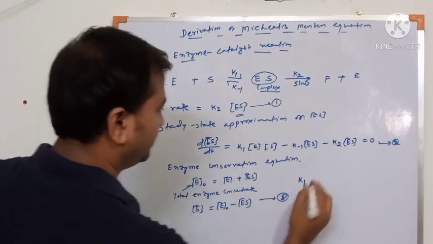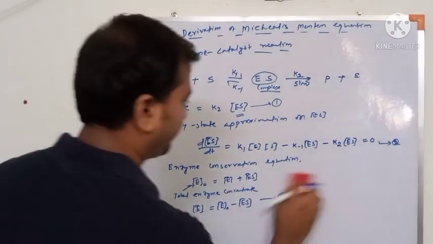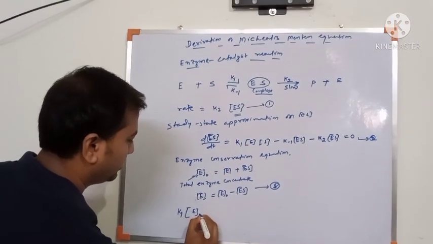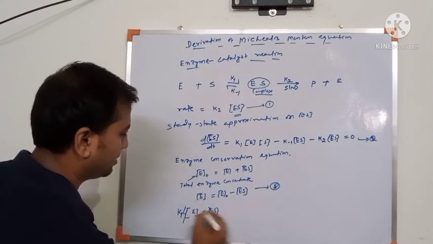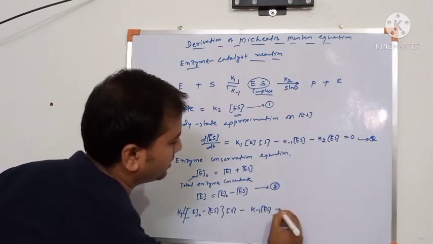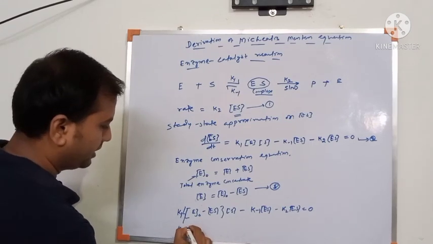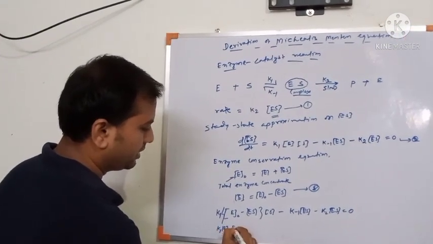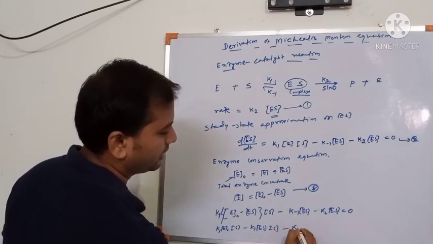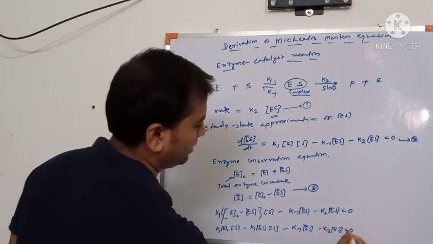So K1 (E naught minus ES) into substrate concentration, minus K minus 1 [ES], minus K2 [ES] equals 0. Multiplying: K1 E naught S minus K1 [ES] S minus K minus 1 [ES] minus K2 [ES] equals 0.